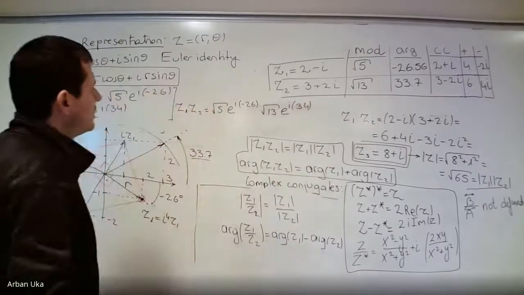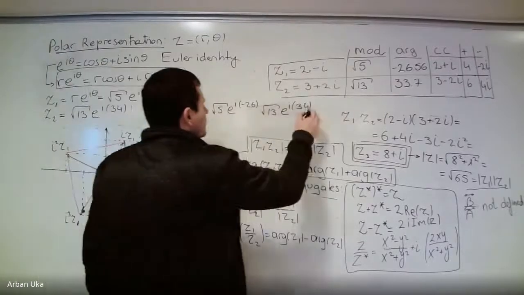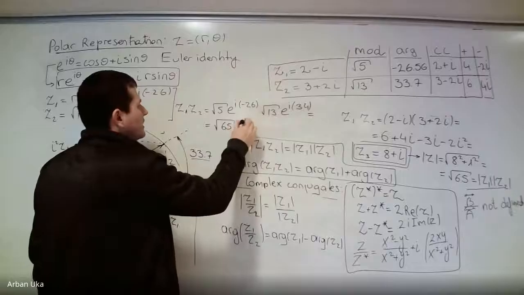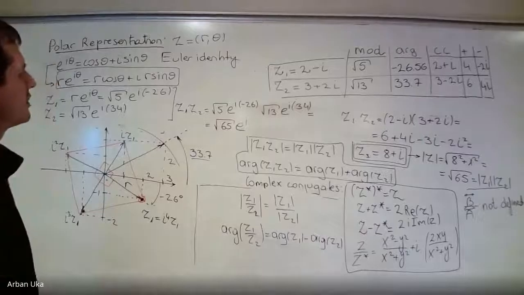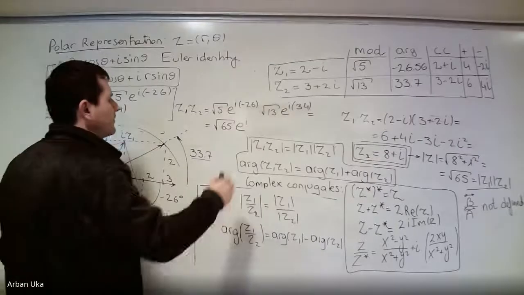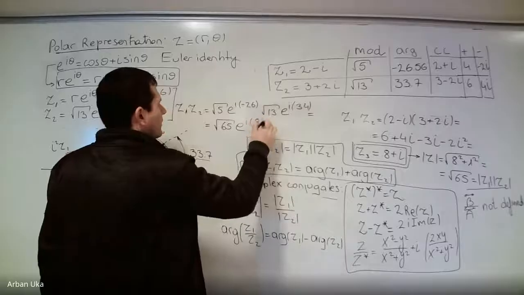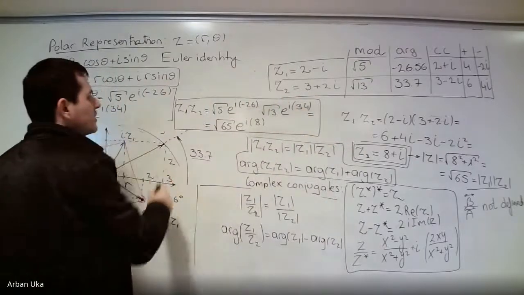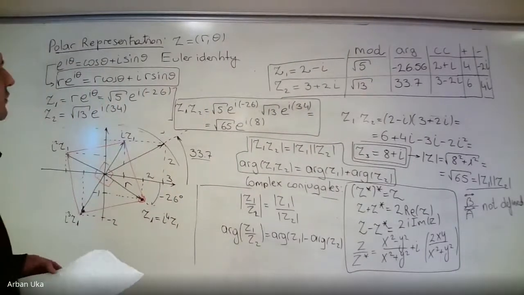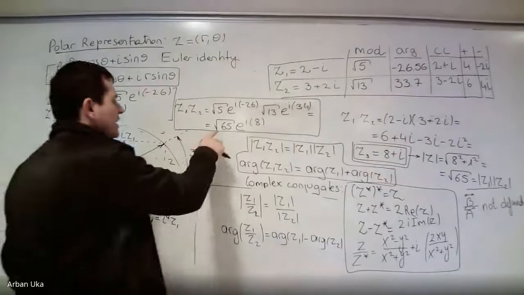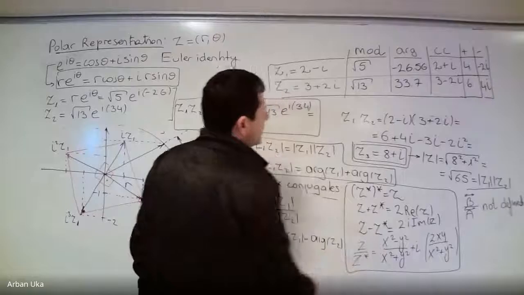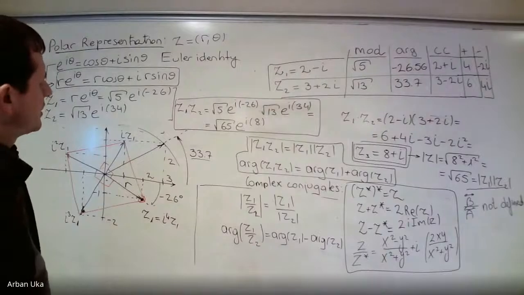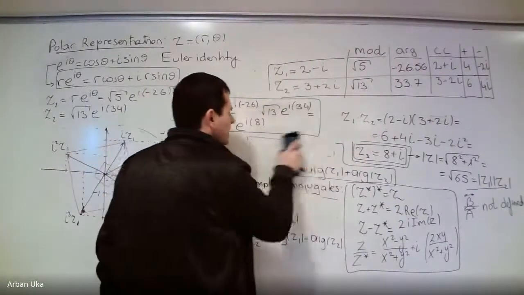Then we multiply the square root of 5 times the square root of 13. This is equal to that times e to the power... what is 34 minus 26? 8. So this is the product of Z1 and Z2. And if we check the result that we get either here or here, we are going to get the same result. For many, including myself, the polar representation is very, very useful.